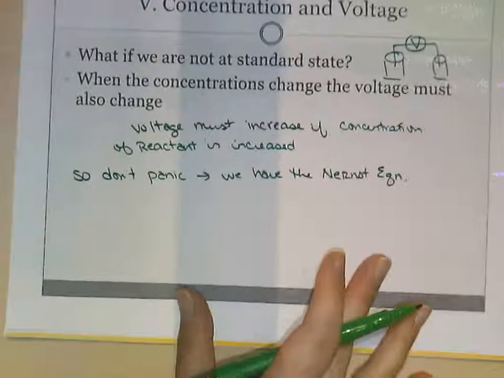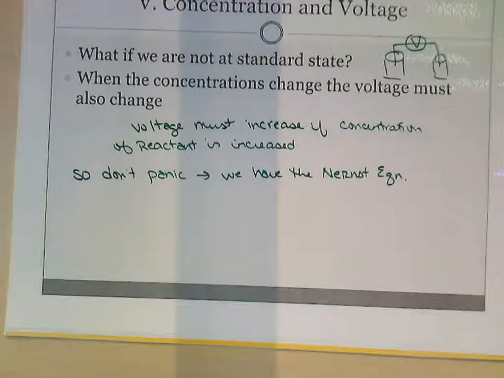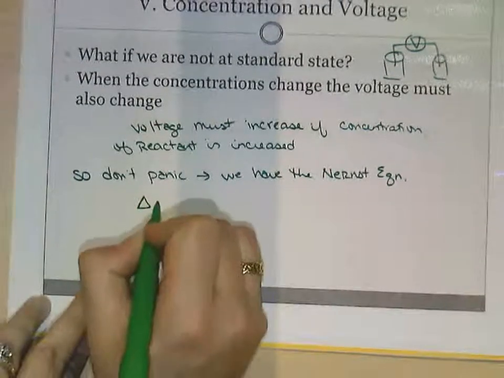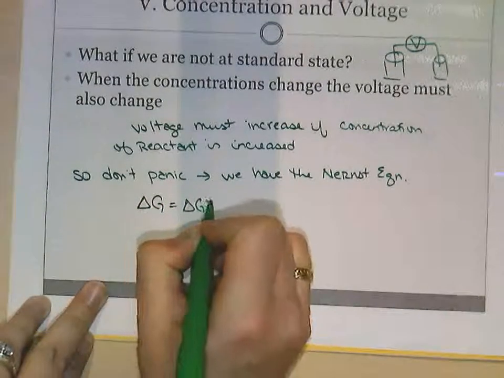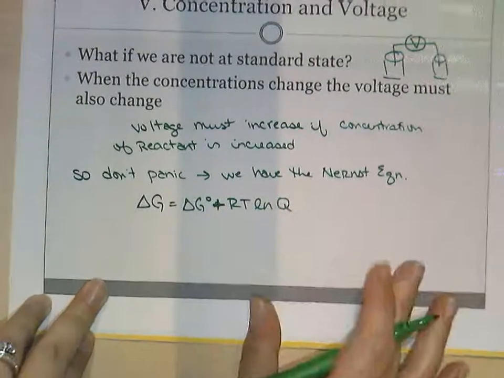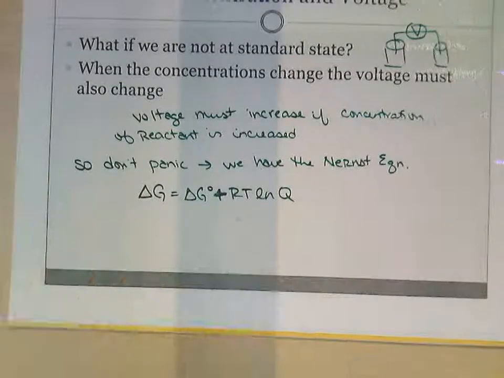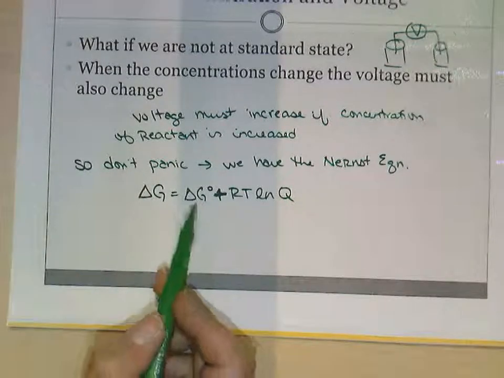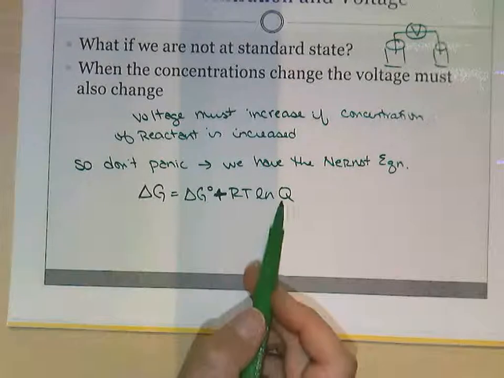Anyway. All right, so before, we had this, plus. We had this equation from last chapter, which relates my standard state to my non-standard state through Q, where Q is anywhere but equilibrium.